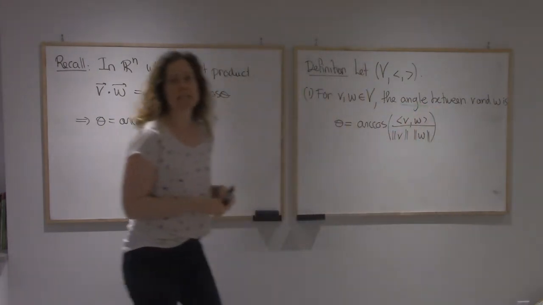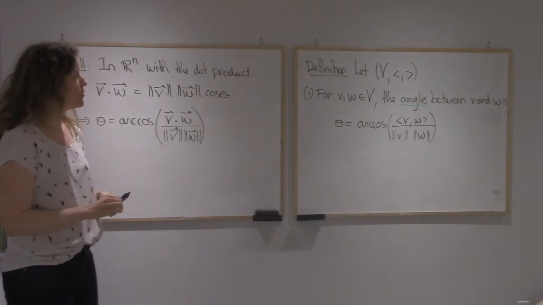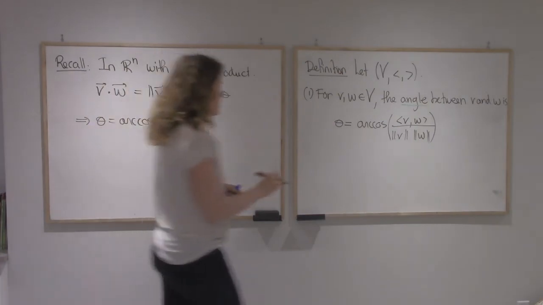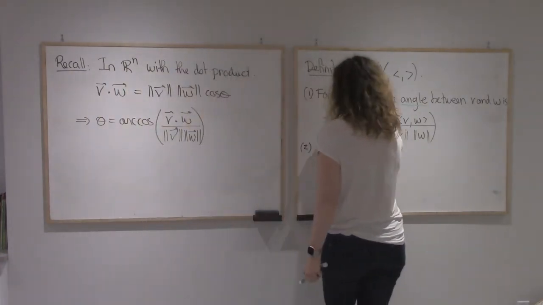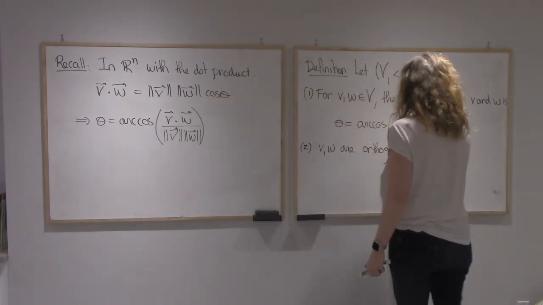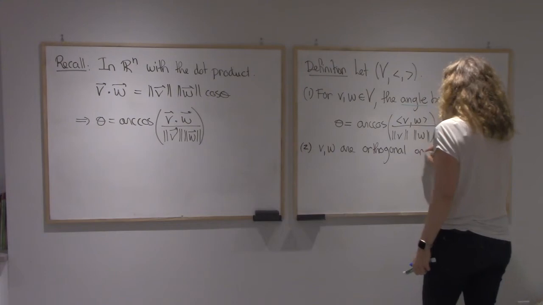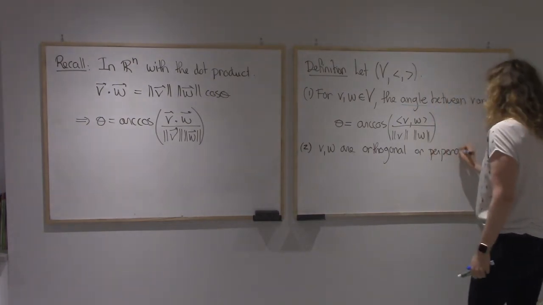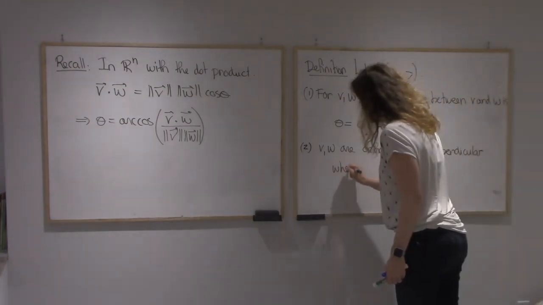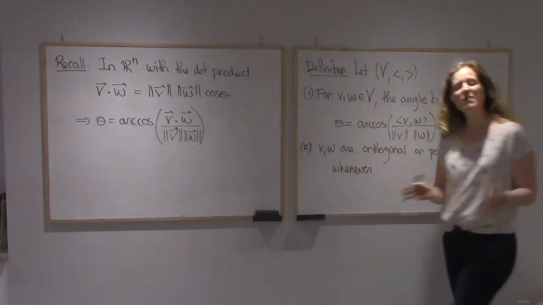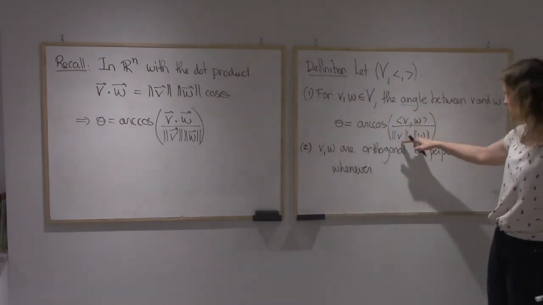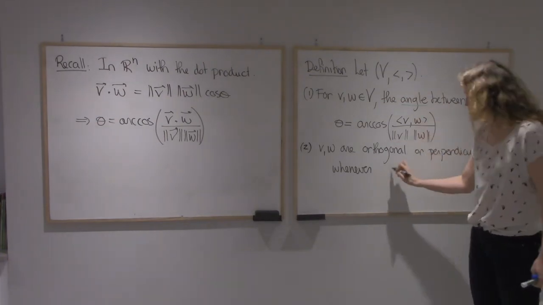Alright, so that's going to be the angle. And one special case that we like, and that was really important for us in Euclidean space, was the case where vectors were perpendicular. So we'll say that V and W are orthogonal or perpendicular whenever, well, we mean an angle of 90, and since cosine of 90 is 0, the top should be 0.